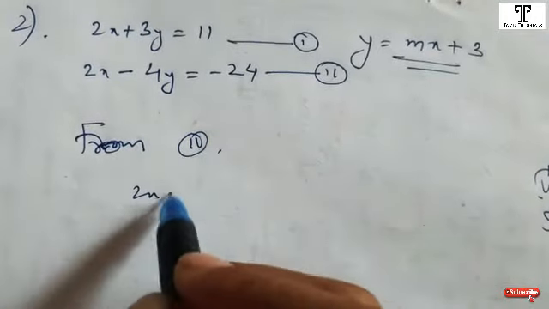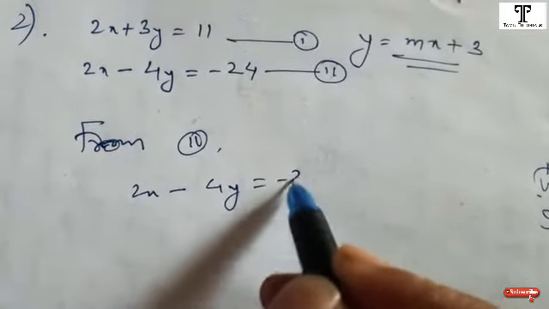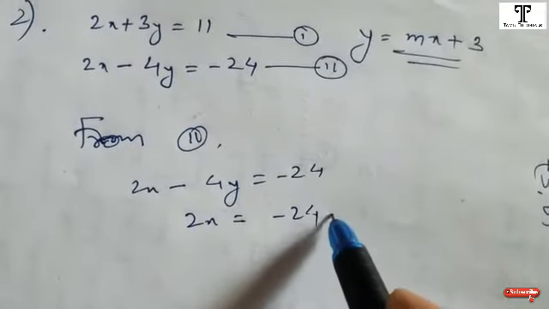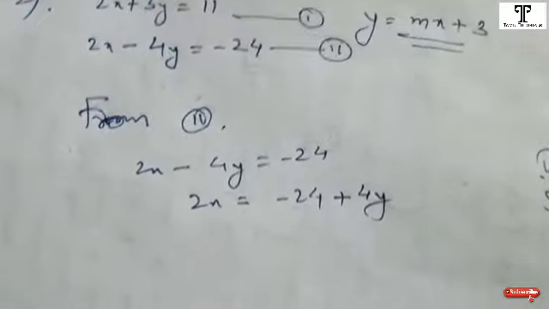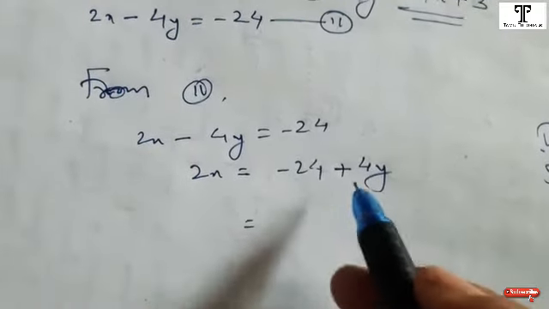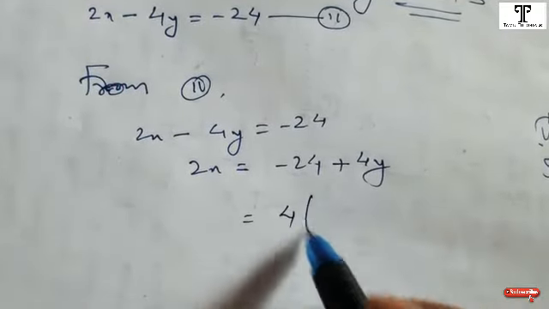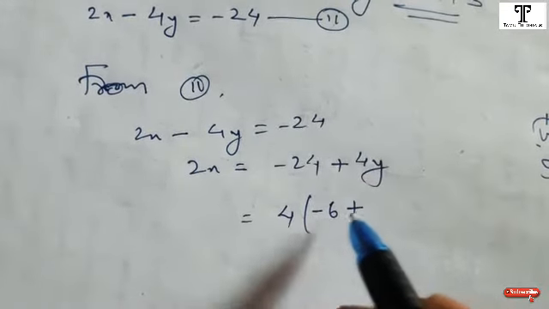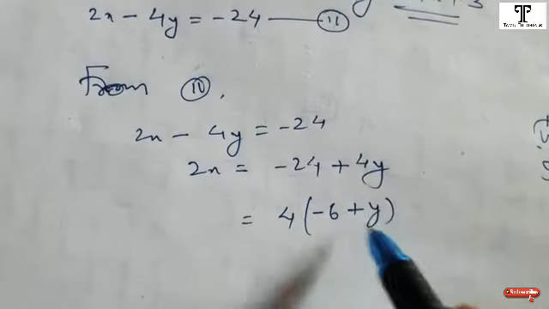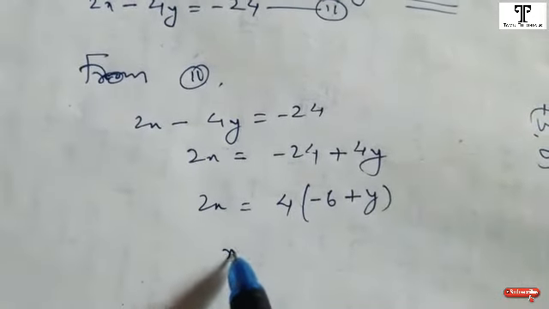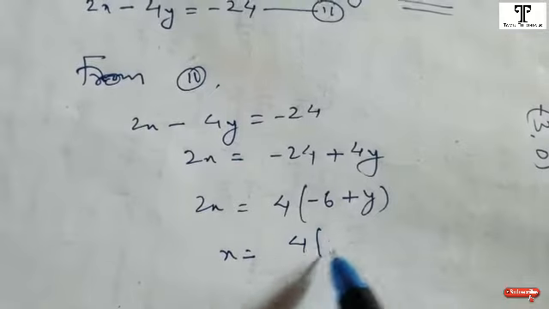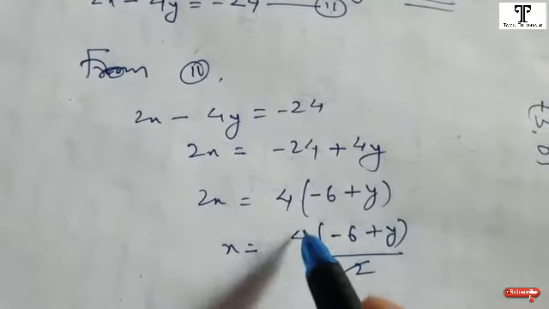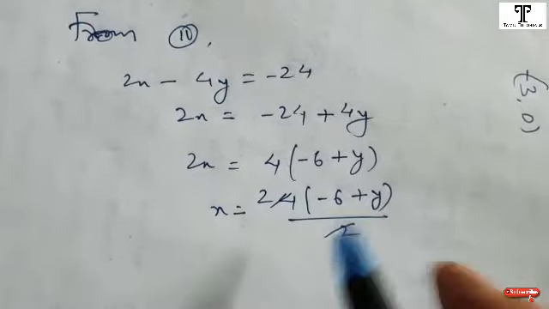Okay, so equation 2 is 2x minus 4y is equal to minus 24. So 2x is equal to minus 24 plus 4y. Okay, so you can take 4 common, 4 6s are 24, minus also there, plus 4 into y is 4y. Okay, so this side you have 2x, so x is equal to 4 into minus 6 plus y by 2, so 2 2s are 4, so you can cancel like this.